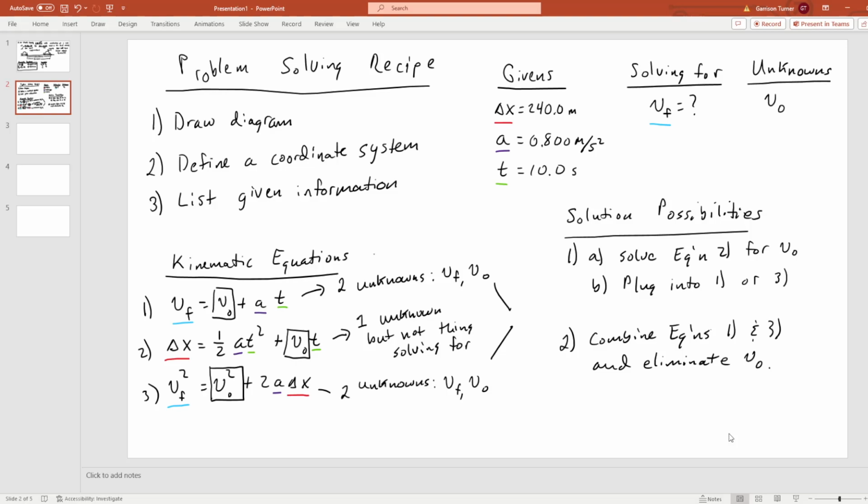I just want to show you that the reason I can do this is because equations 1 and 3 contain the same two variables that are unknown. The thing we're solving for and then the thing we don't know, okay? So because they contain the same two variables, that means I can use these two equations directly, all right? So that's kind of the utility of mapping your equations out this way.